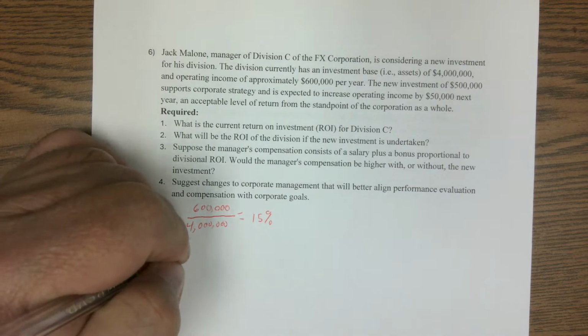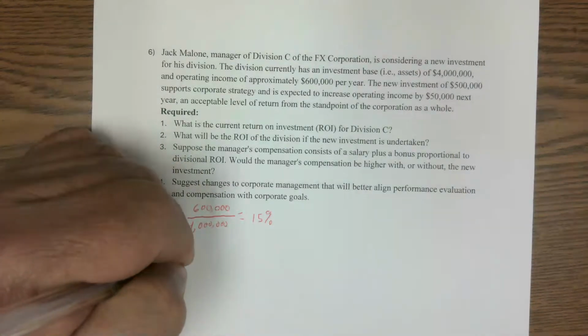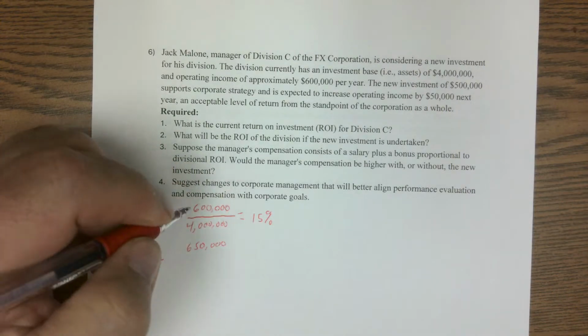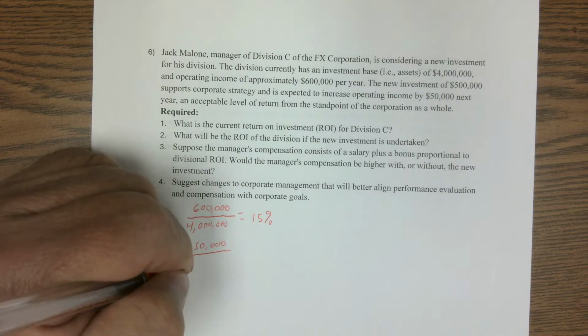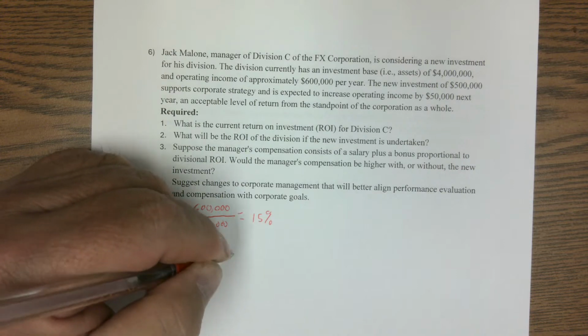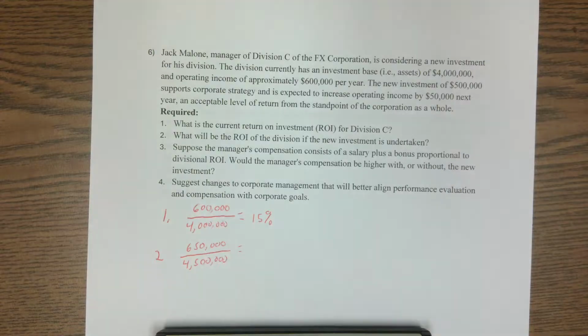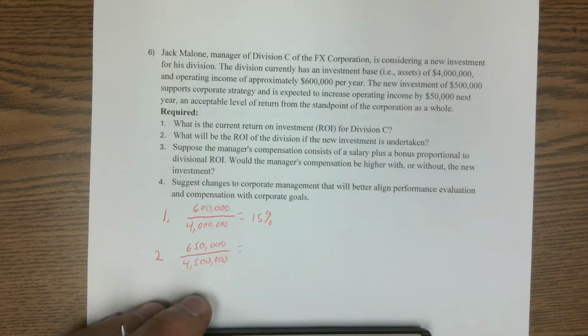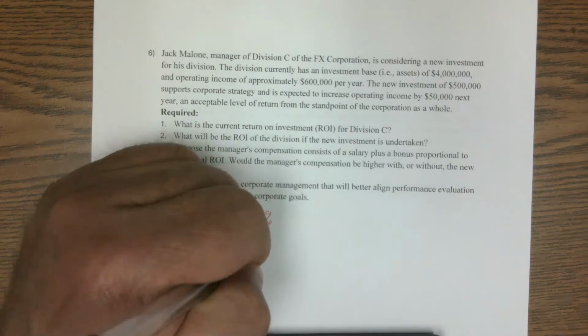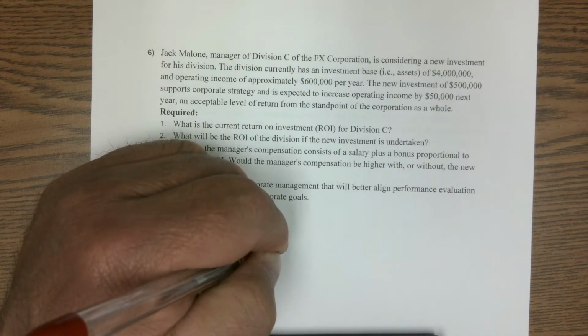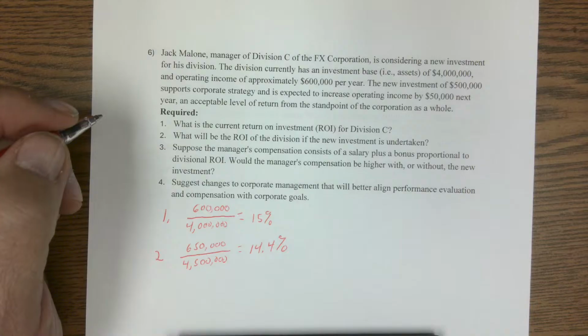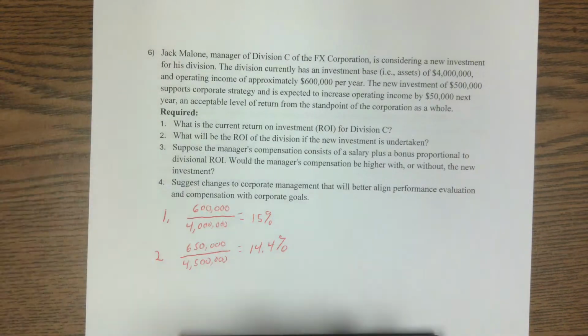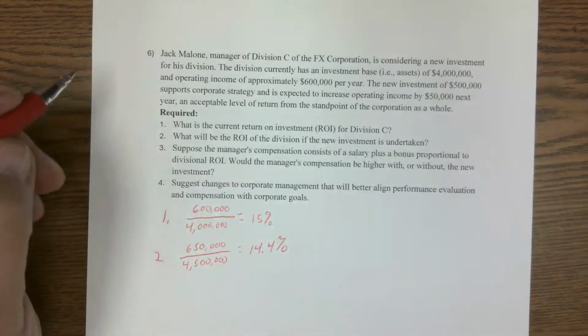So 2 will be 650,000 divided by 4,500,000. And that will give it 14.4%. 14.44, if you want to carry it on out a little bit.